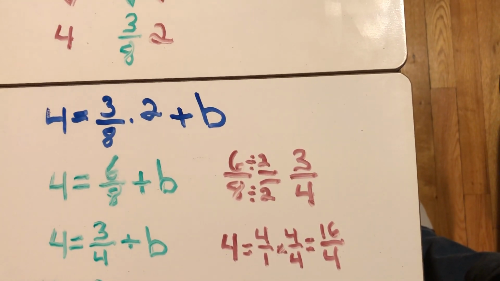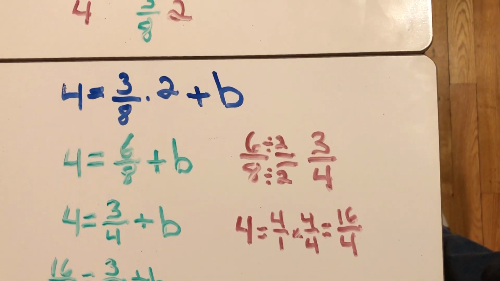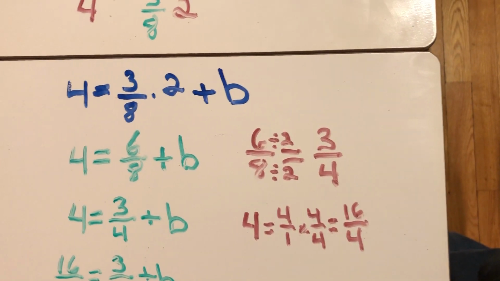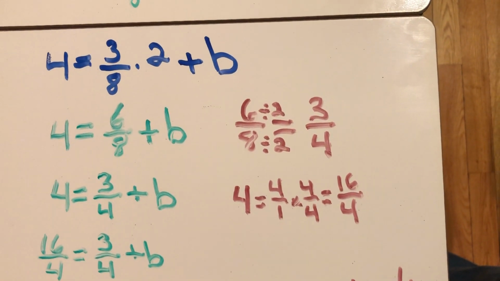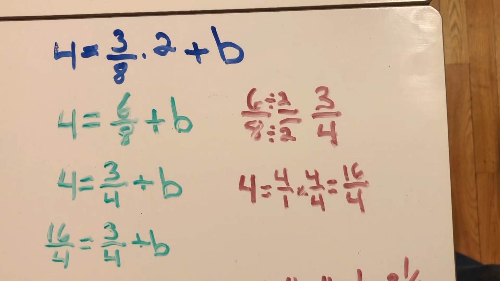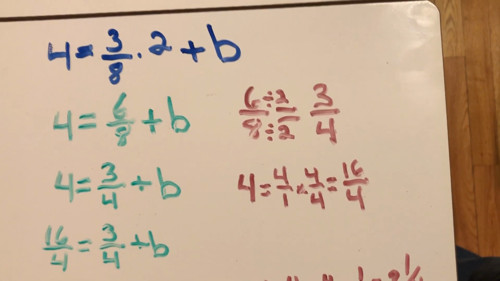Now if you look, I did a little more side math. Anything divided by 1 is itself, so 4 is equal to 4 over 1. This time I'm going to make the number a little bit bigger. I'm going to multiply by the same number on top as on the bottom and get another equivalent fraction: 16 over 4. So 4 is equal to 16 over 4. And why did I do that?